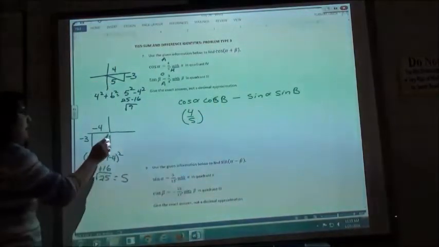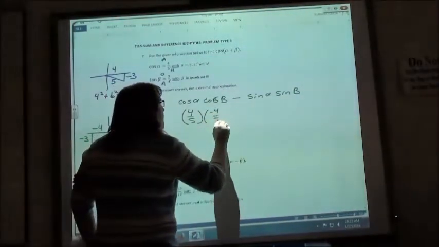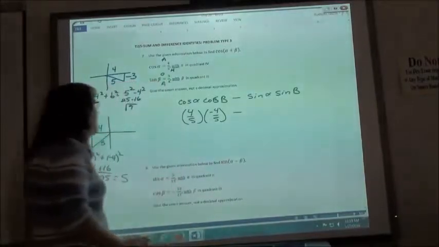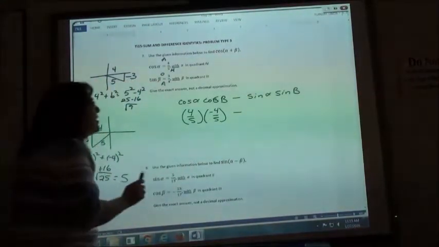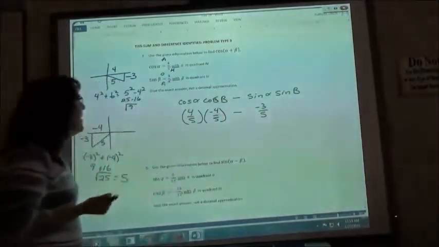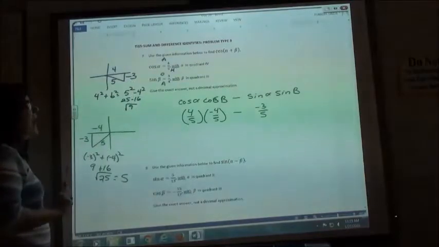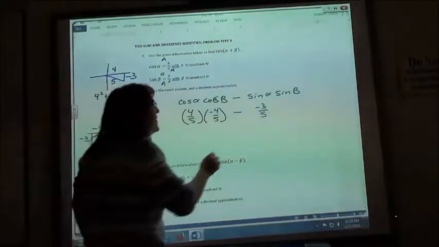Cosine of beta, cosine would be the adjacent over the hypotenuse, so negative 4/5. Minus the sine of alpha. The sine of alpha is up here, negative 3/5, opposite over hypotenuse. And the sine of beta, opposite over hypotenuse, negative 3/5 again.